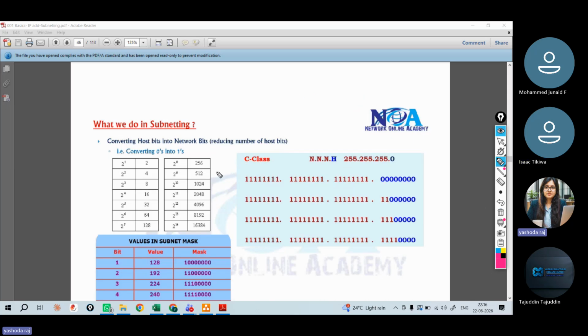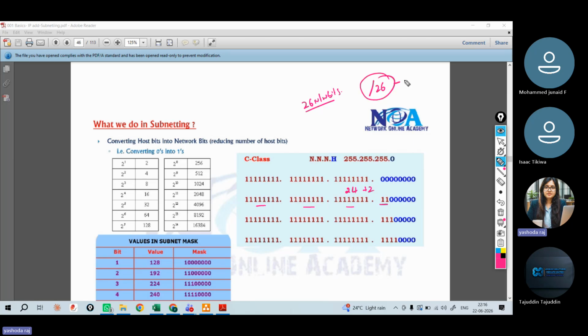Now, as we are going to discuss, converting host bits into network bits. Suppose this one is 8 bits, this is 8 bits, this is 8 bits. Up to here it is 24, right? Network bits are 24. But here how many bits are turned on? 2 bits. 24 plus 2, I can say 26 network bits. Can I write this as slash 26?